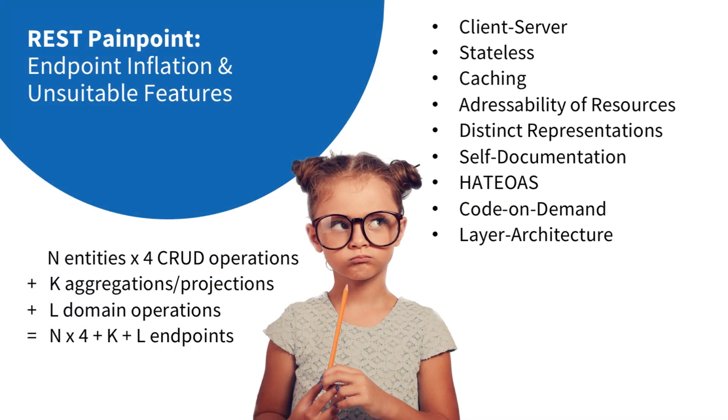But there are pain points with REST, especially when it comes to this hell of endpoints or this inflation and a lot of unsuitable features we nowadays do not actually need. The first point is if you have n domain-specific entities, and there are the usual 4 CRUD operations for create, read, update, delete, you immediately get a myriad of endpoints, especially due to this n times 4 endpoints, and then endpoints for aggregations, projections, or domain-specific operations are added.